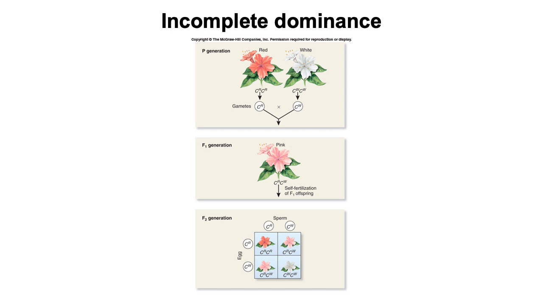So in this slide, we see one of these modifications of dominance called incomplete dominance. In the case of incomplete dominance, we're looking at two alleles here, but neither allele is dominant or recessive. And what you have, instead of two different very discrete traits like we saw on the previous slide, there are actually three traits.